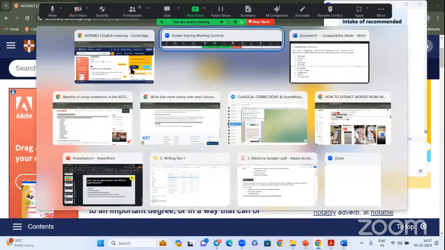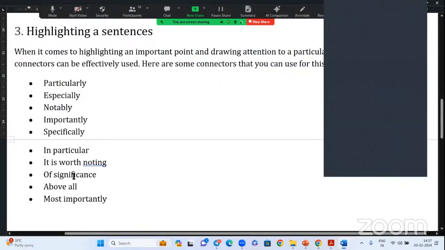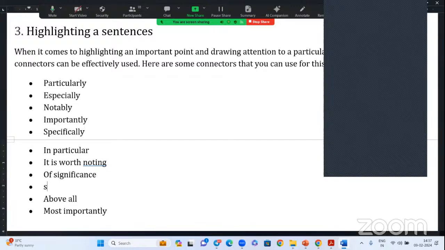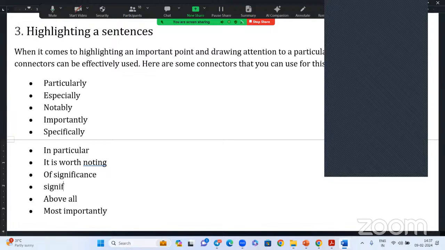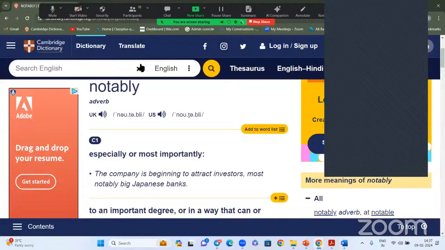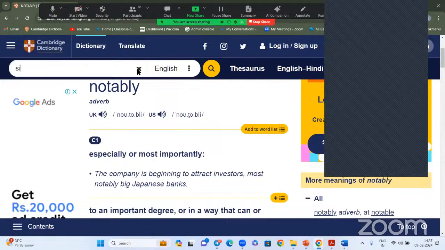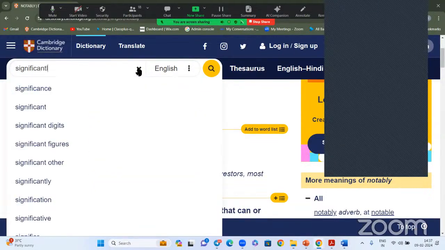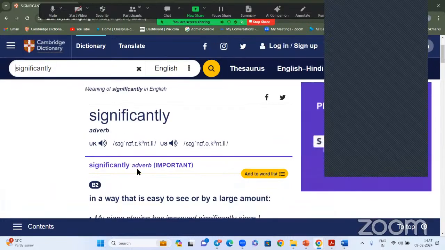Then next one, significantly. Significantly is not here. Of significance means significantly. This is two words and this is one word. Okay, let us see the word significantly. Significantly is a B2 word.